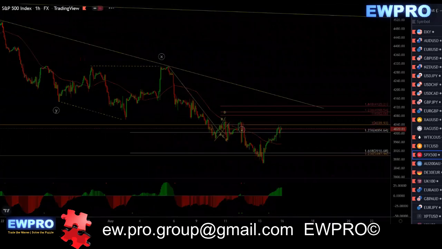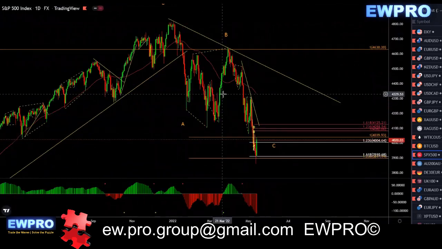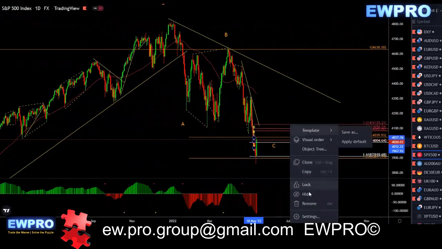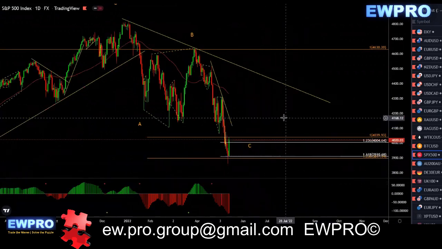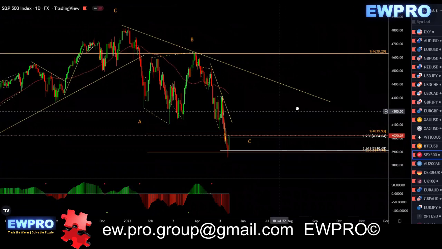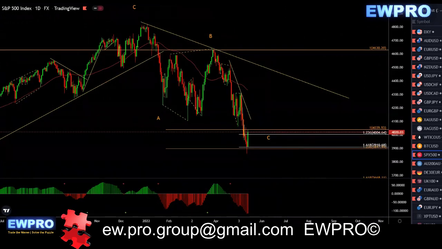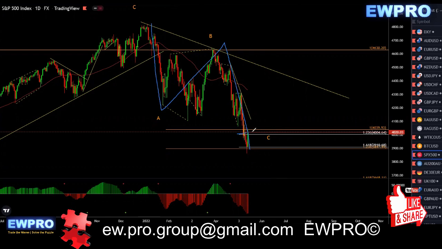On the S&P, so if I remove some of this, we're looking at that A, B, C. Now it's gone back. Last week it just broke the 100 fib here.